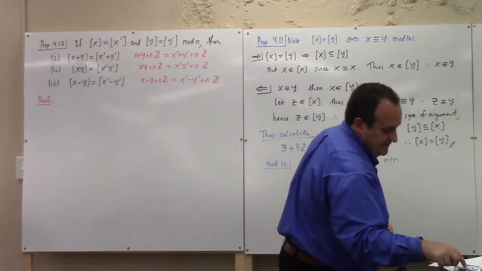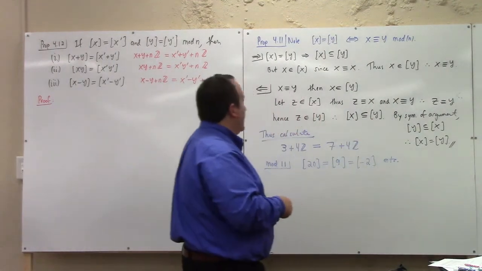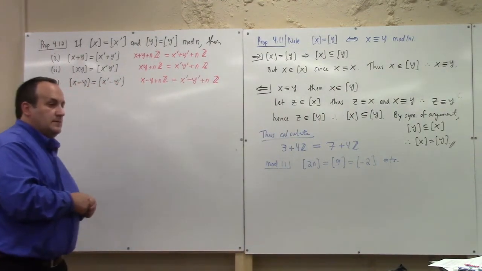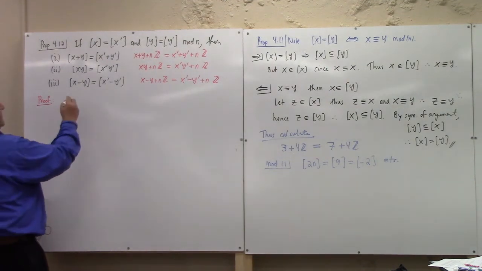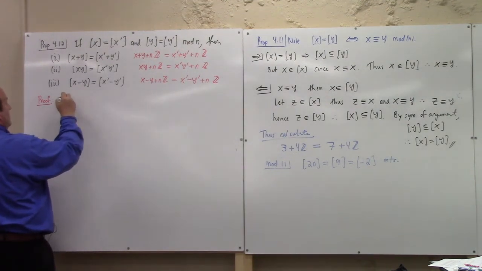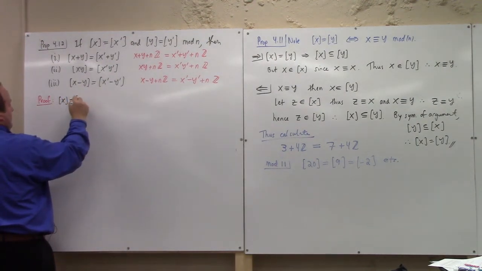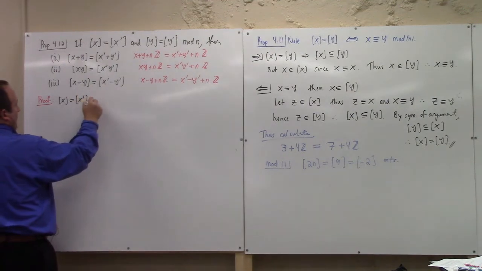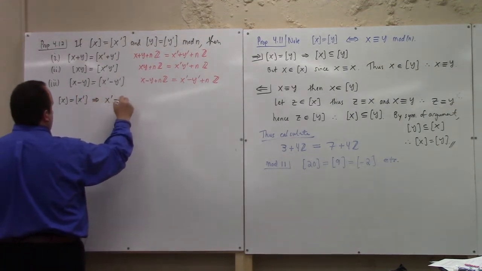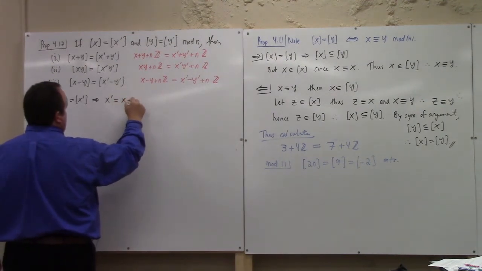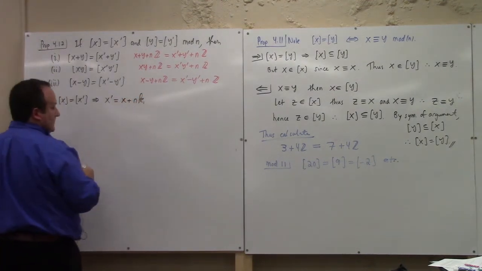So I'm basically just going to make use of the previous proposition and exploit it. So, okay, first of all, [x] equal to [x'] implies x' is equal to x plus nk1, right?